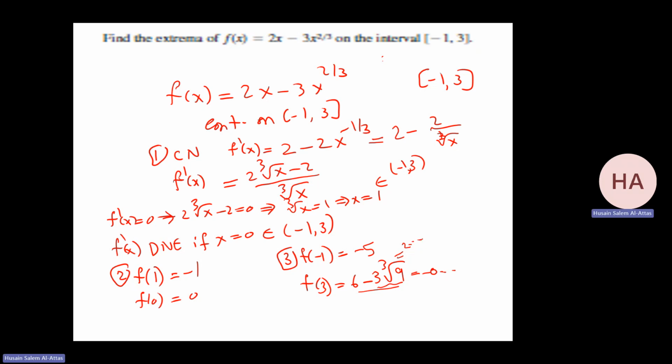I don't know exactly what it is, but I have 6 point something minus 6. So it's minus point something. Okay, so this is a negative value.